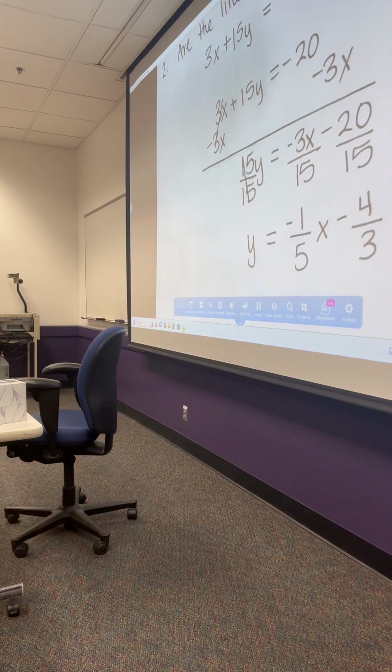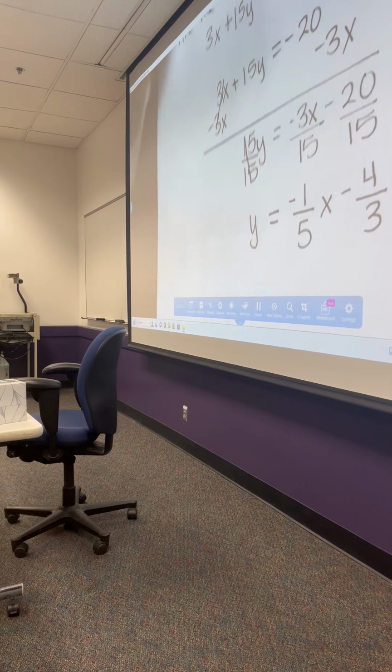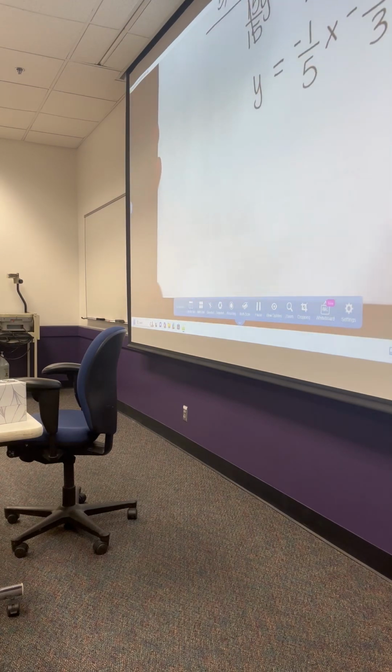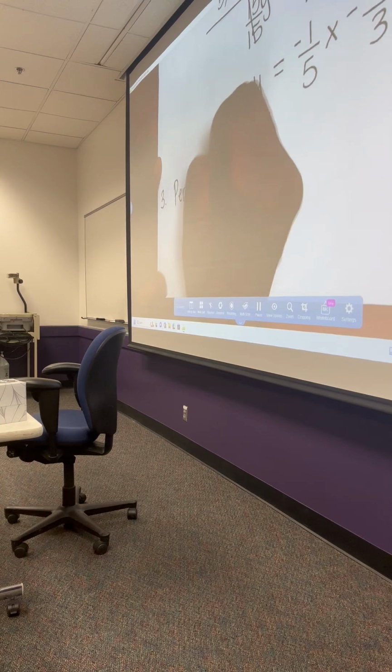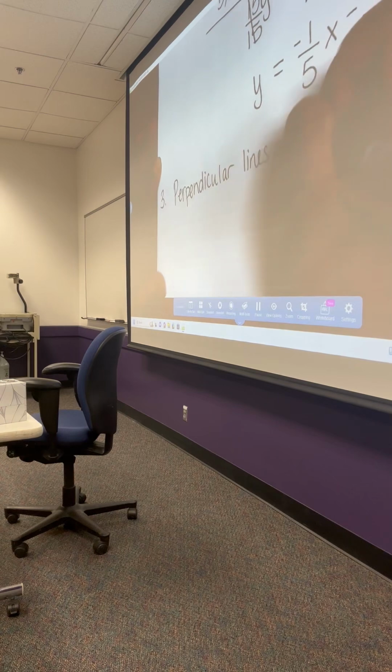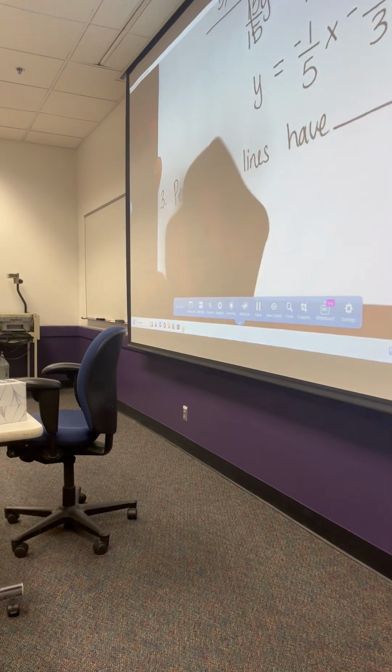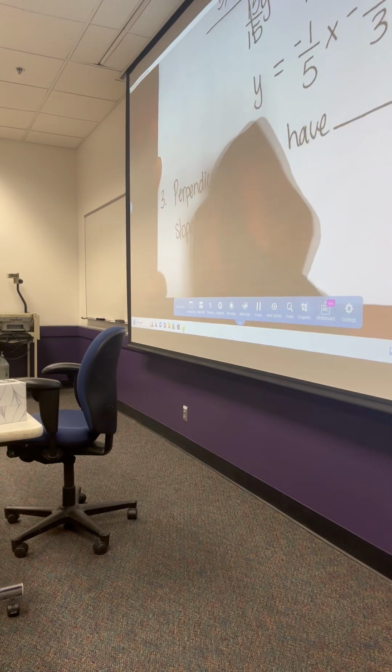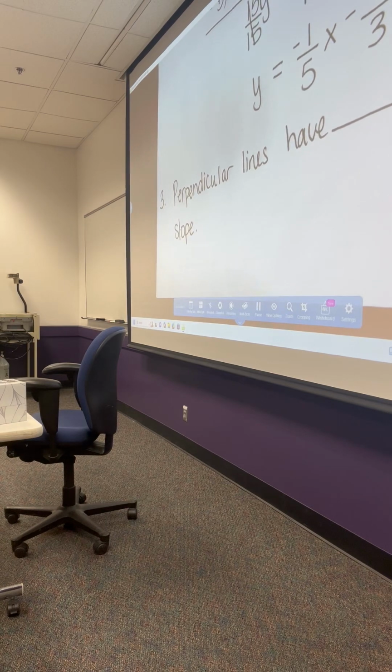Okay, so the next question is: perpendicular lines have blank slope. Fill in the blank.